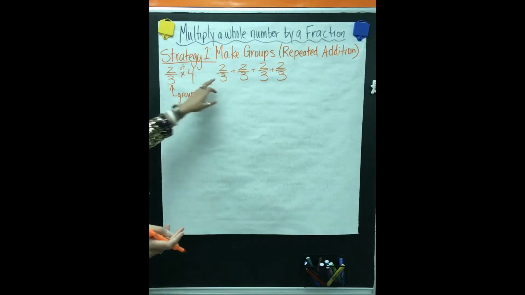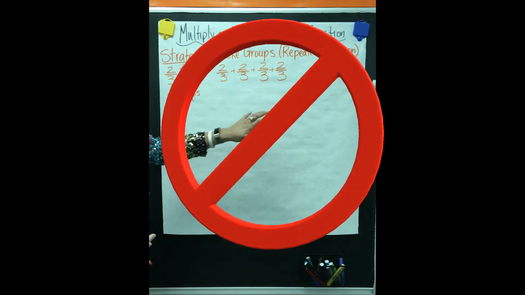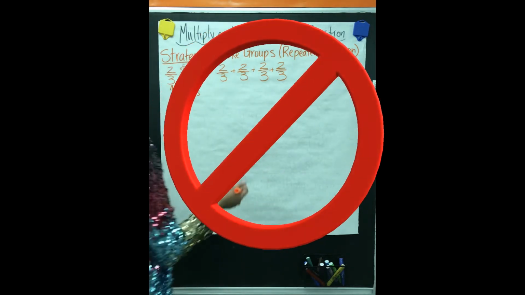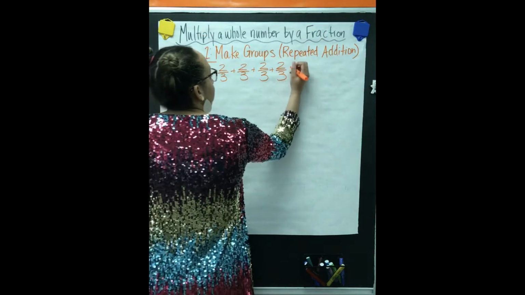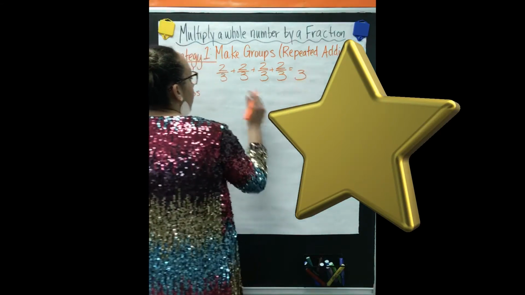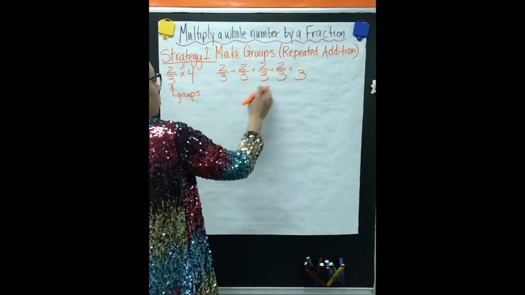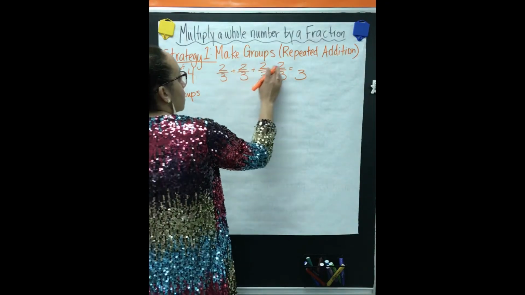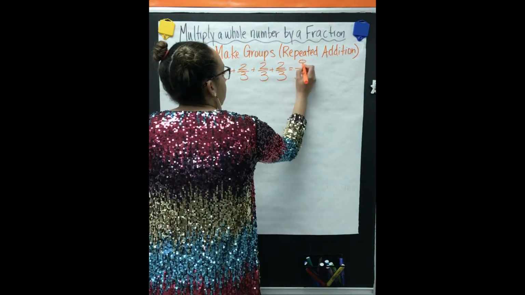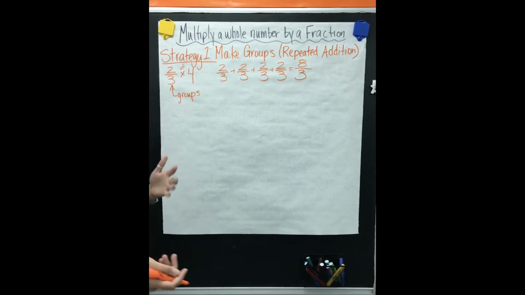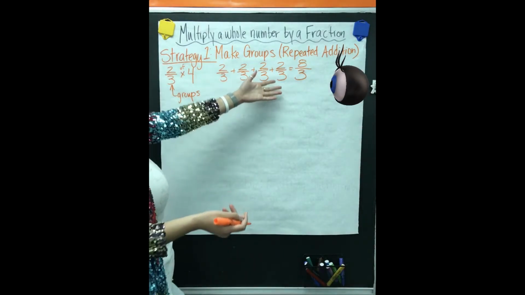So we'll have 3, 6, 9, 12. Hopefully we said no. We keep our denominator the same, but we do add up our numerators. So we have 2 plus 2 plus 2 plus 2, which is 2, 4, 6, 8. So we have 8/3.